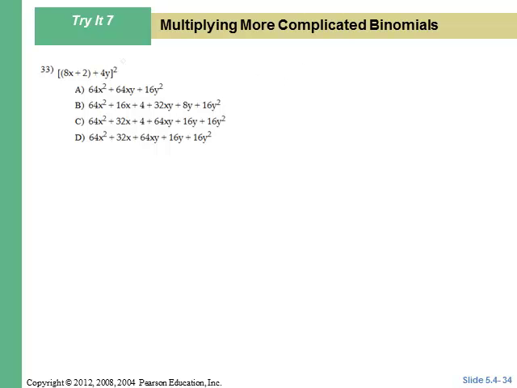So we've got the first term, 8x plus 2 squared. The last term, 16y squared. Okay, and now plus twice this times this.